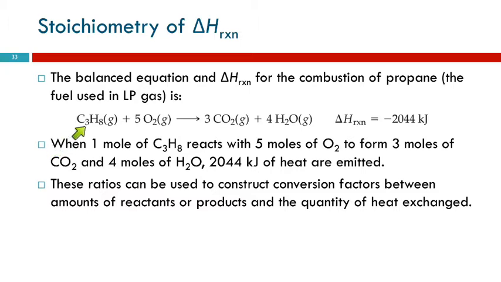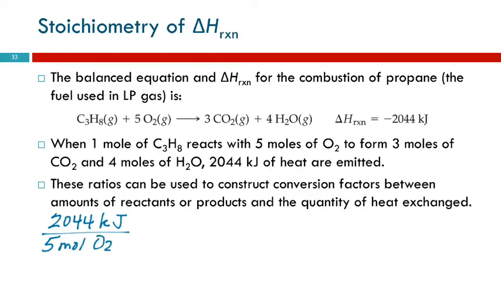We can make conversion factors from the relationships in this equation. We learned earlier in this chapter that you can make a conversion factor for 1 mole of this for every 5 moles of oxygen. But now we can also use this 2,044 kilojoules per 3 moles of CO2. So we could say there's 2,044 kilojoules per 5 moles of oxygen.